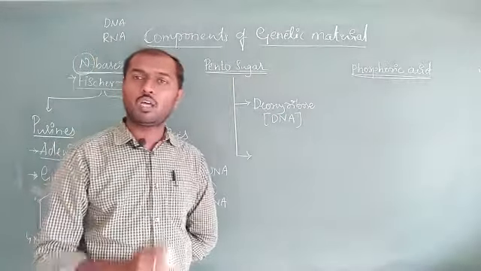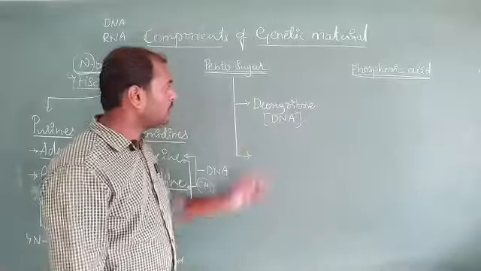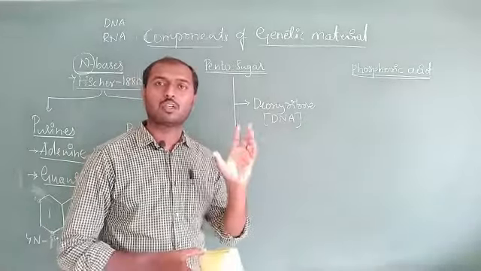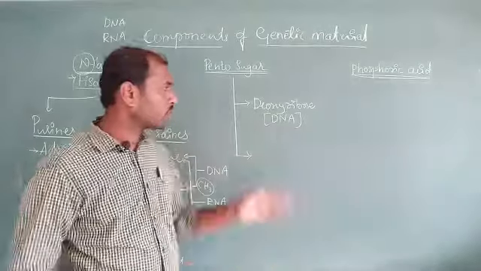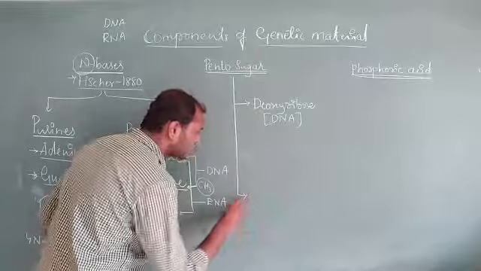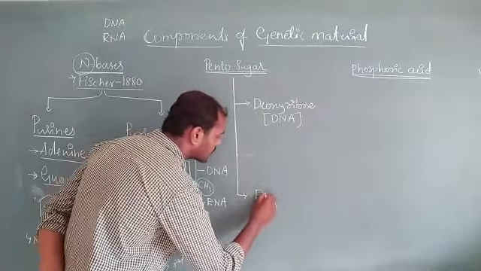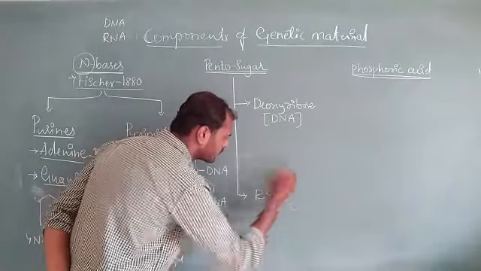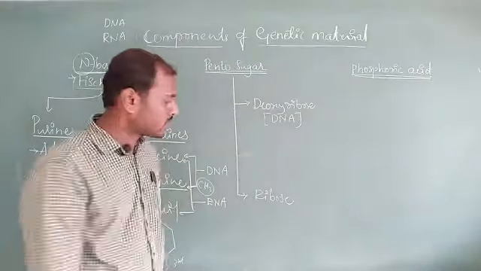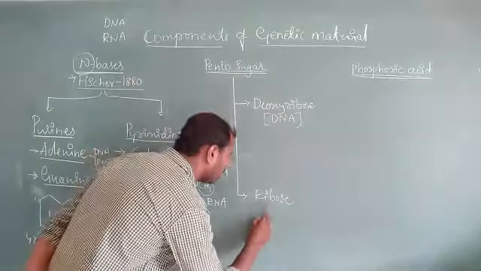This is called deoxyribose pentose sugar, and the chemical structure I am going to explain. The next one is ribose. So one is deoxyribose, second one is ribose. Ribose is present only in RNA.